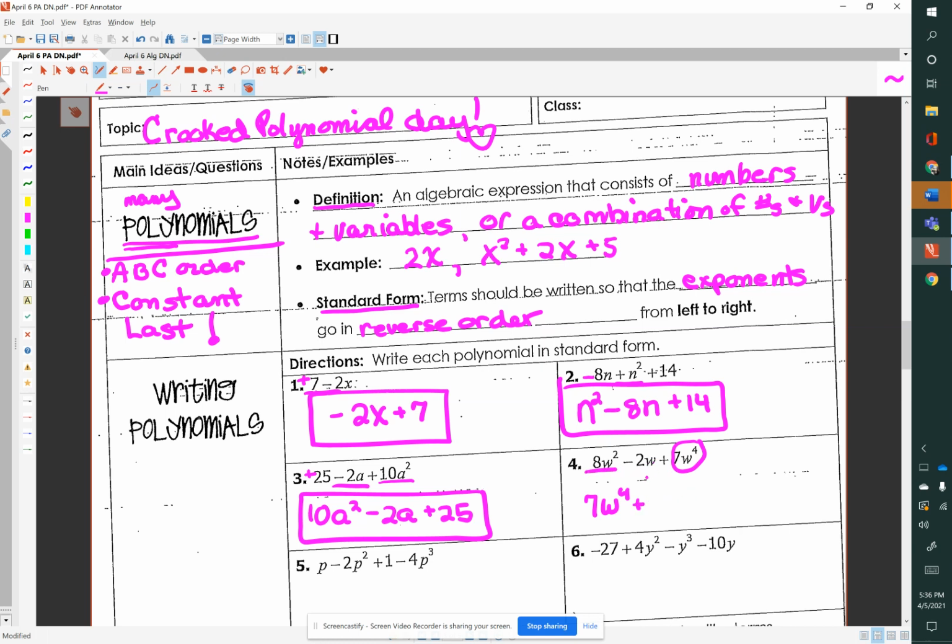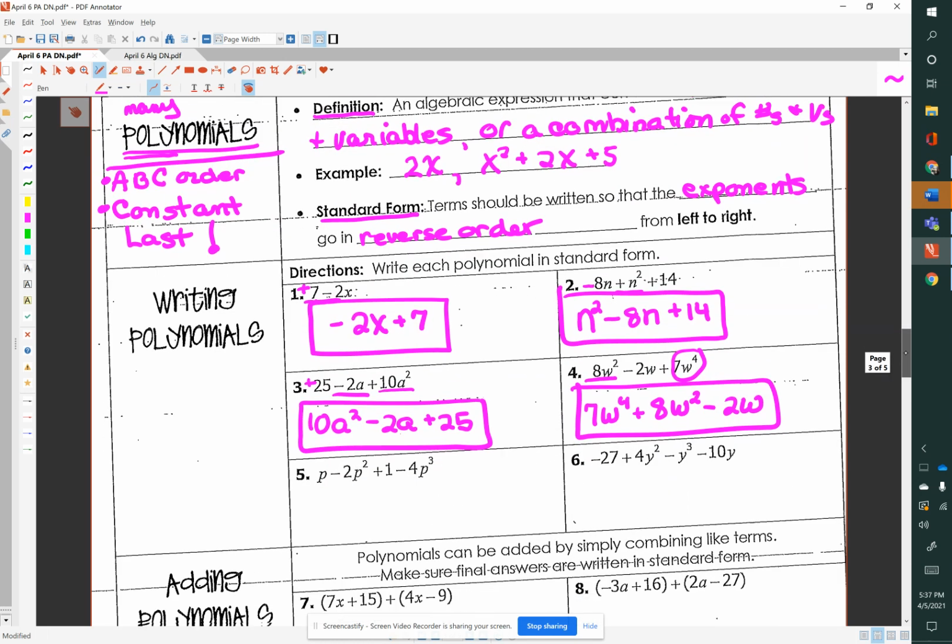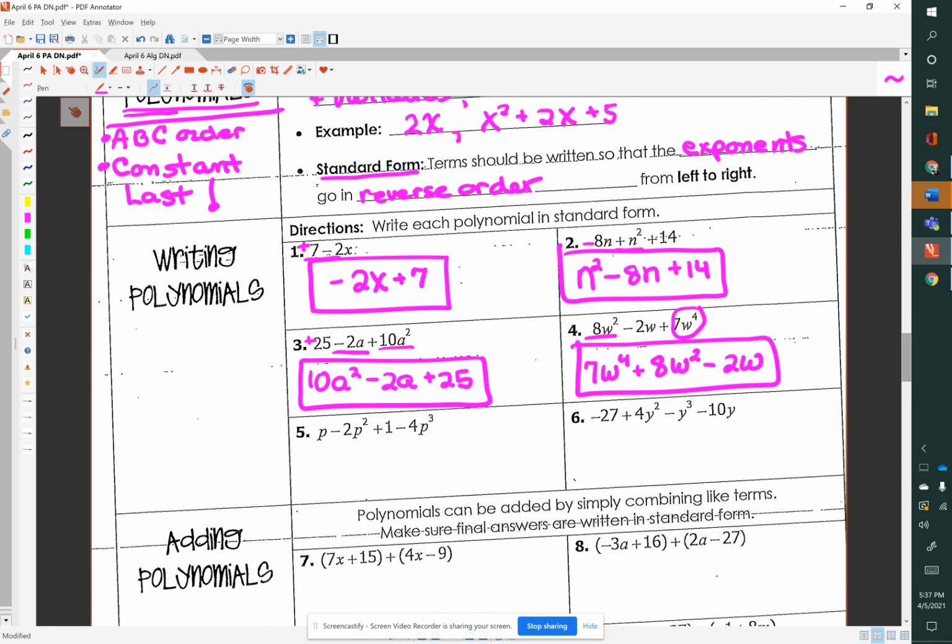So it's not the order of the numbers, it's the order of the exponents. So it would be 8w to the 2nd minus 2w. And there's no constant on that problem. So let's try 5 and 6 yourself, and let's see how you do.